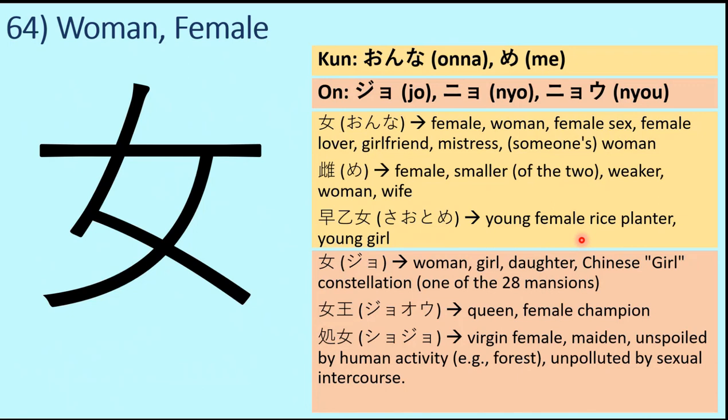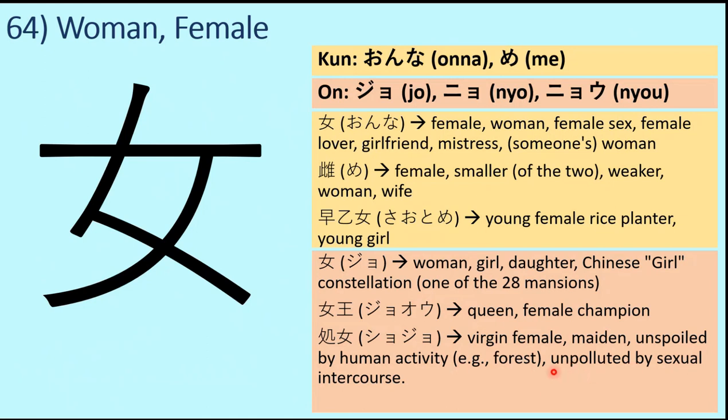In On'yomi, we have Jo for woman, girl, daughter, Chinese girl constellation, which is one of the 28 mansions or 28 zodiac. Then we have Jo, which means queen or female champion. Then we have Shoujo, which means a virgin female, that is maiden, that is unspoiled by human activity, unpolluted by sexual intercourse.